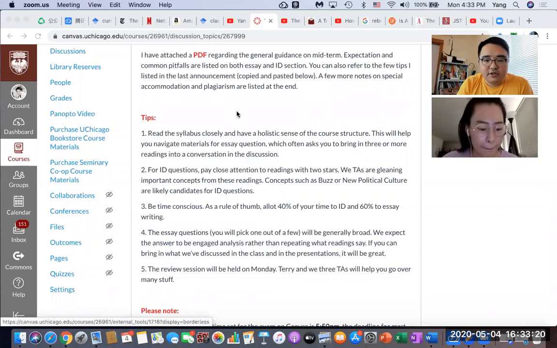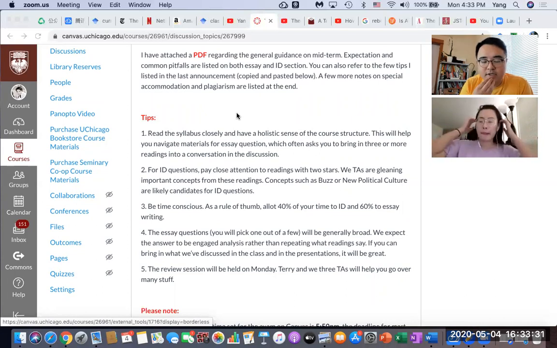So first of all, the tips. Basically, we want you to have a very holistic grasp of the course materials. Don't just focus on some tiny points. Try to have a bigger picture by reading the syllabus closely. It will help you navigate some readings and materials for the essay question.